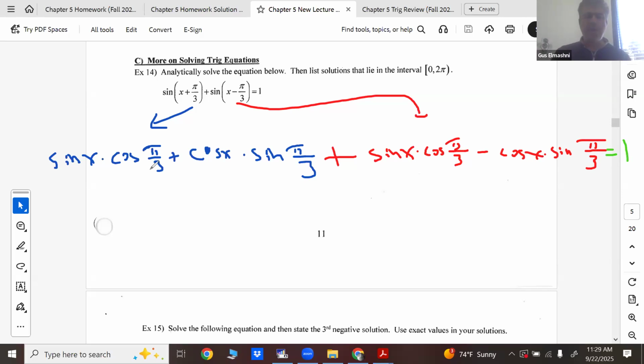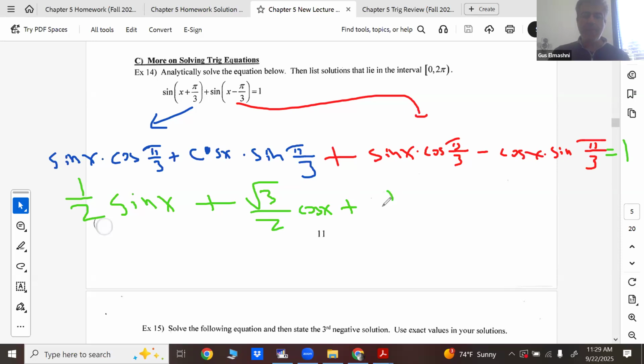At this point, I trust you guys can work it out. What's cosine pi over 3? So 1/2 sine x plus, what's sine pi over 3? So √3 cos x. Hope things cancel or we're kind of in trouble.